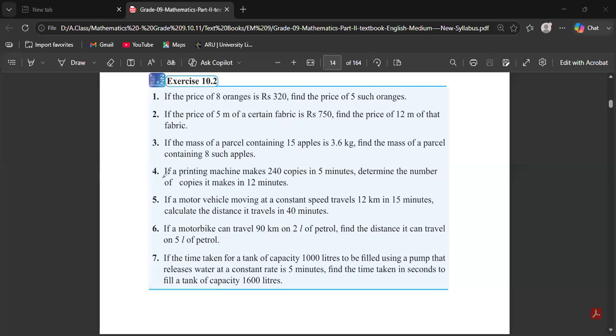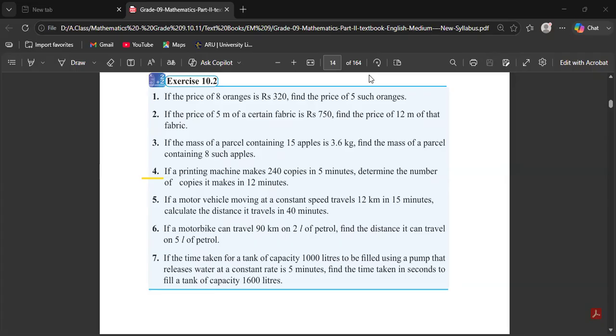Fourth one. Okay. So if a printing machine makes 240 copies in 5 minutes, determine the number of copies it makes in 12 minutes.